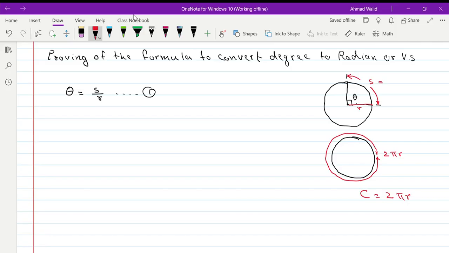In formula number 1, if I solve this formula for S, of course I will multiply both sides by R, then S equals theta times R, right? On the other hand, my S is 90 degree, correct?